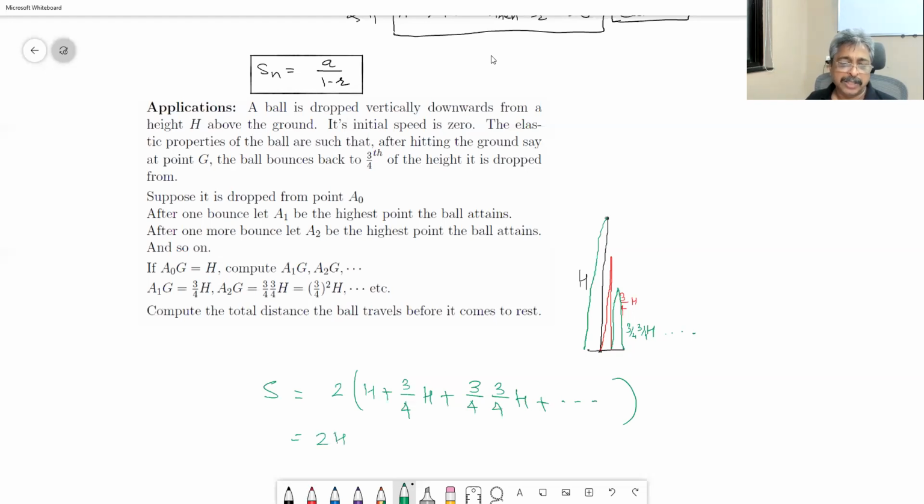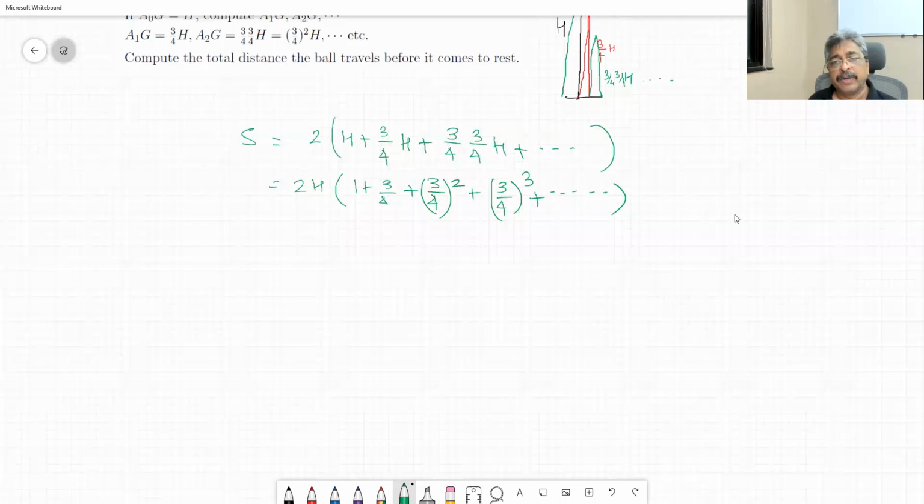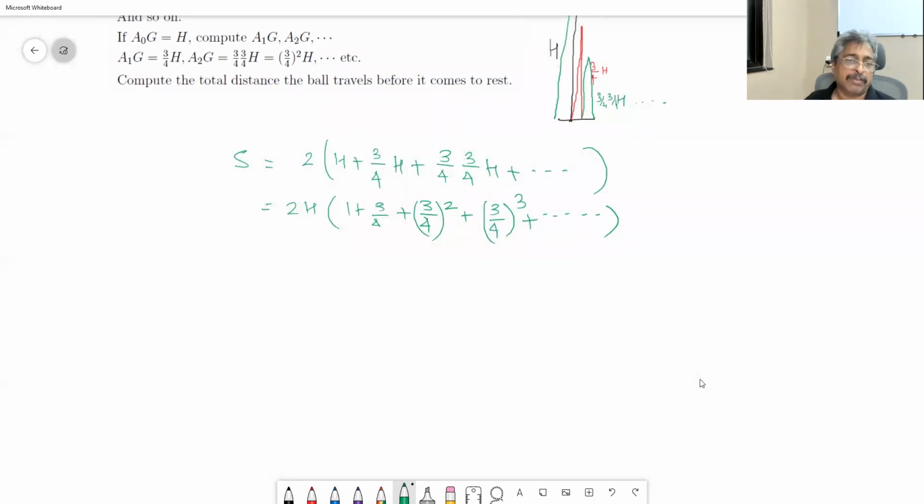So 2 inside bracket, 1 plus 3/4 plus 3/4 square plus 3/4 cube plus so on. Now this 3/4 is our common ratio. This is geometric progression inside bracket. And therefore 3/4 is our common ratio, and it is between -1 to 1.